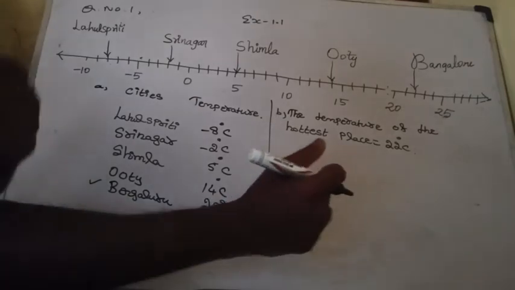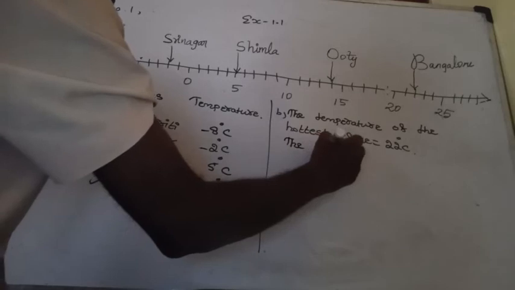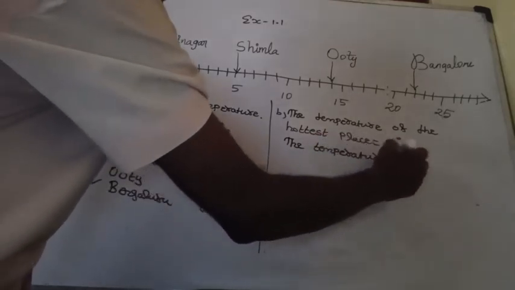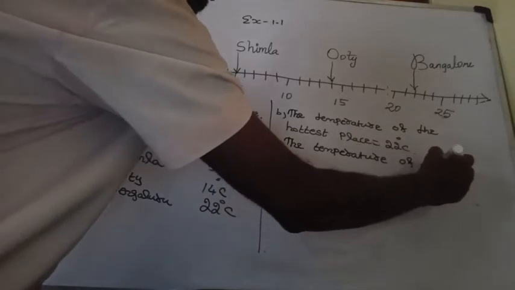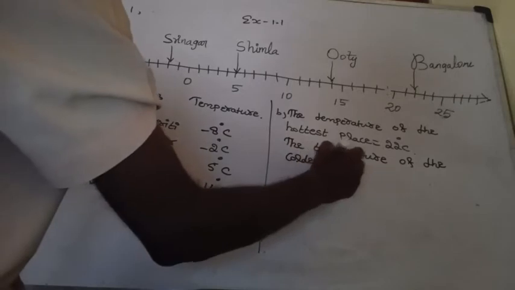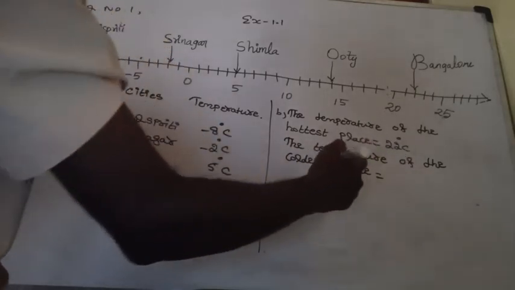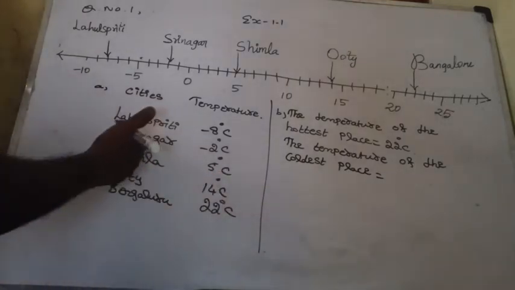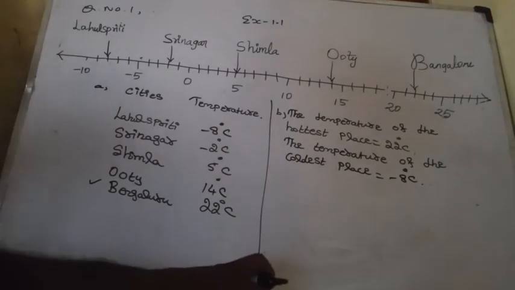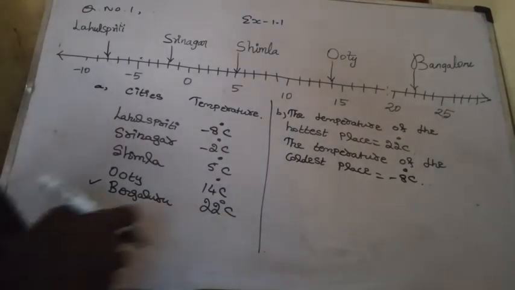That means the temperature of the coldest place is equal to minus 8 degrees Celsius. Now what is the second part for you?